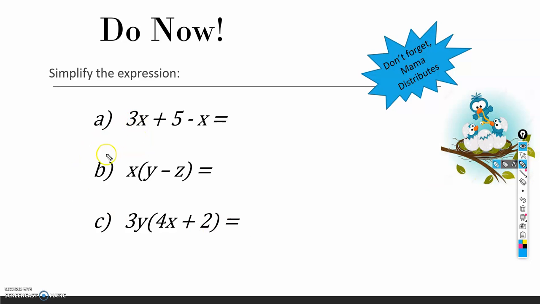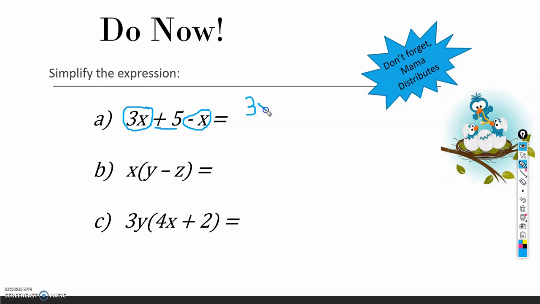So I'm looking for like terms on A, and I notice I have a 3x here and a negative x, or a minus x, right here. Those are my like terms. I'm going to underline the plus 5. It's kind of its own man. So let's go ahead and rewrite those together.